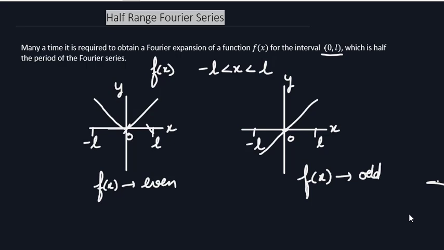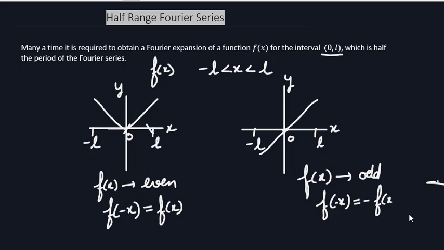Fine. Now what's the other way to check even or odd? Already we did in the concept of even and odd functions that if f of minus x is equal to f of x, then I will say the function is an even function. And in case f of minus x is equal to minus f of x, then we say the function is an odd function.